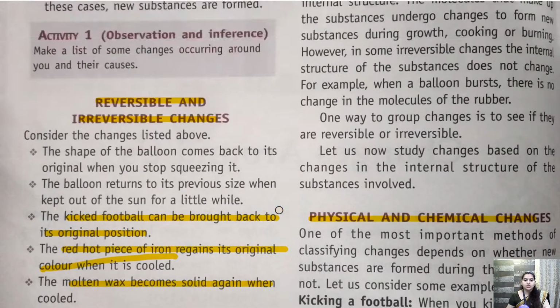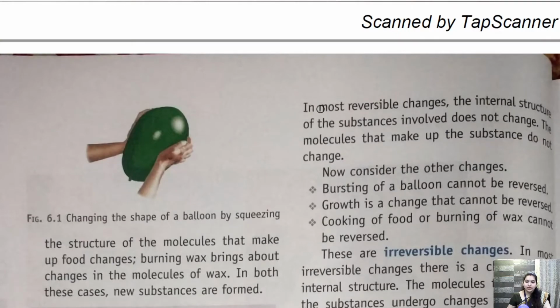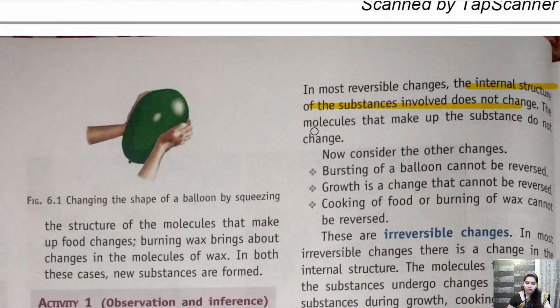So, see, in most reversible changes, the internal structure of the substance involved does not change. It is not that when we are squeezing this balloon, the molecule or the substance of this balloon will change. No, it is not going to change. Alright, it will remain as it is. So these are called reversible changes.